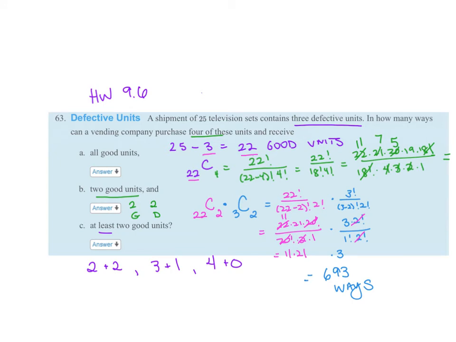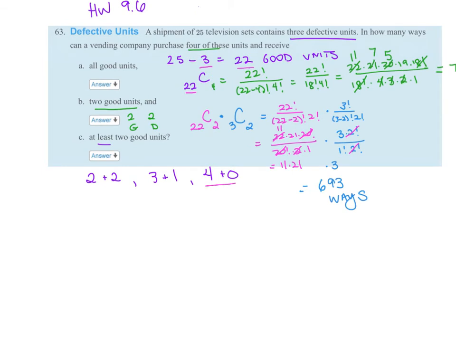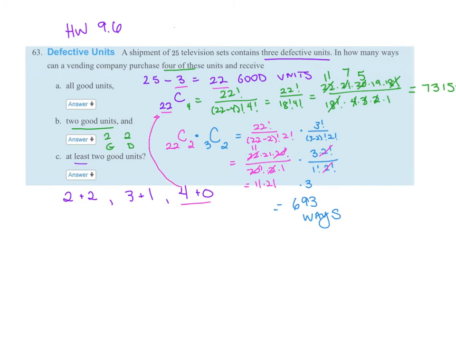So there are 3 different cases that we're going to have to write. Let's start with the 4 good units, and actually we did the work already at the top. At least 2 good units means we can have 2, then 3, and then 4.